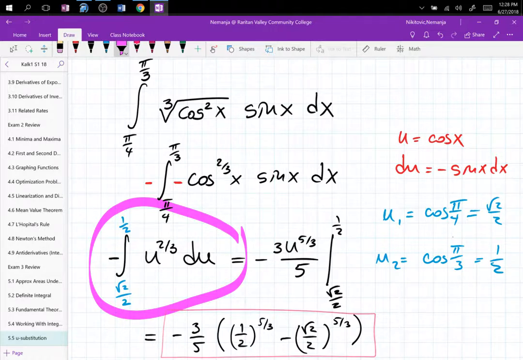It's not a polynomial, but it's a polynomial-like calculation where you just have u to the n+1 over n+1, which is obviously easy to deal with. So when you have limits on your integrals, you will have to transform those from x1 and x2 into u1 and u2. And if you have a definite integral, you do not have to go back in the x domain.